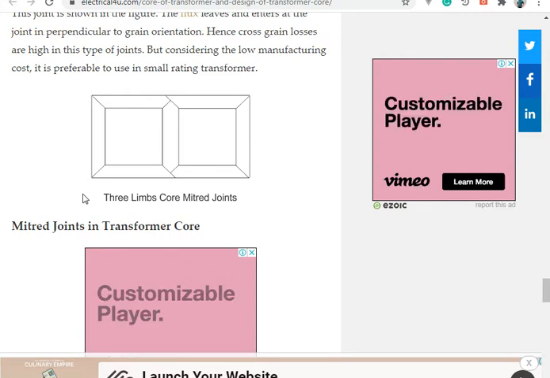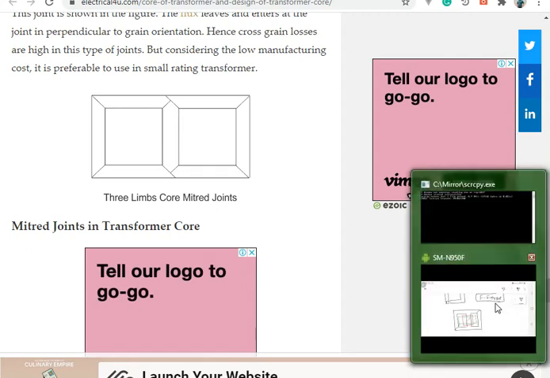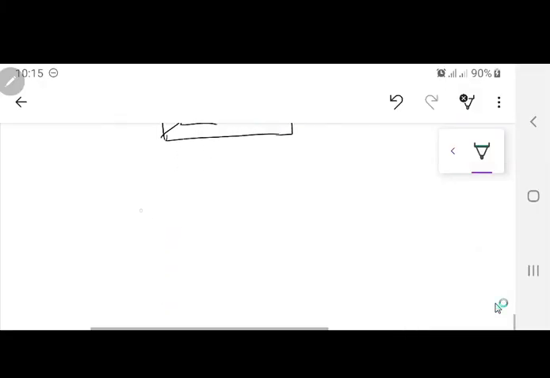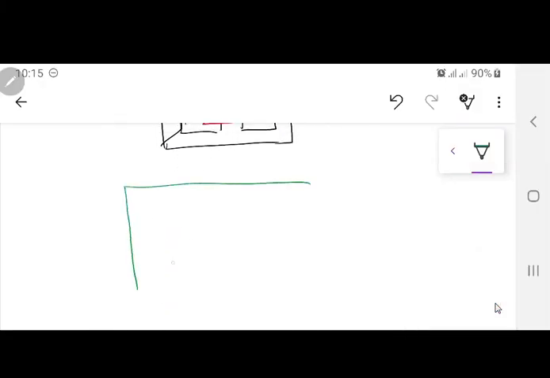The fitting can be done that way as well. If I have a core like this, I am making a 3-phase core type again, and like this.